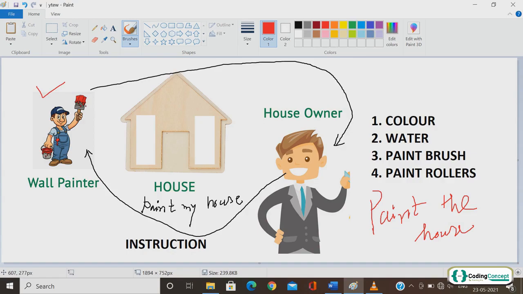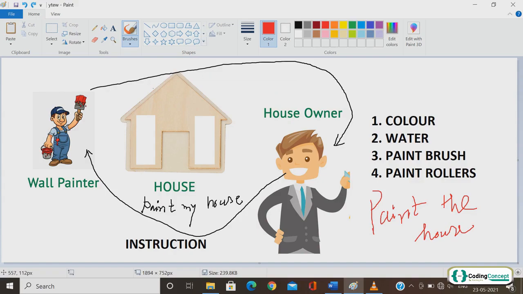Now who is giving instruction to the computer? Sorry, who is giving instruction to the wall painter? Obviously house owner. So that's why the house owner is a programmer, because he is giving instruction to the wall painter. And who wants data to perform the task?